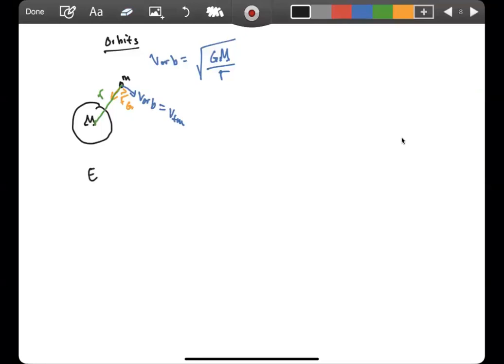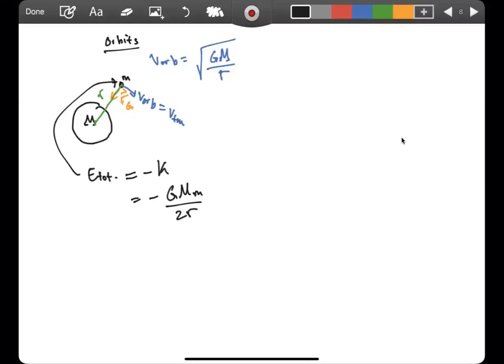My total energy at this particular altitude is equal to minus the kinetic energy. So this is equal to minus G times the mass of the central body times the mass of the orbiting body, all divided by 2 times the radius at which it's at.